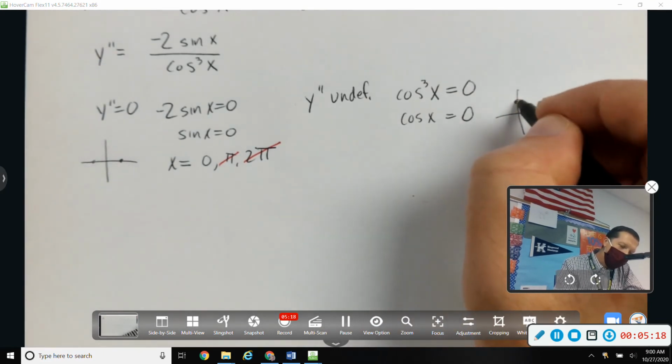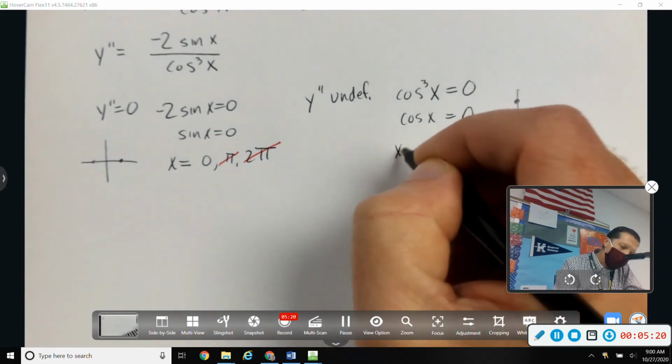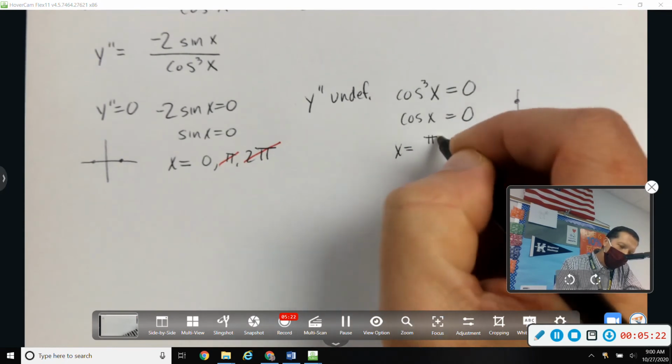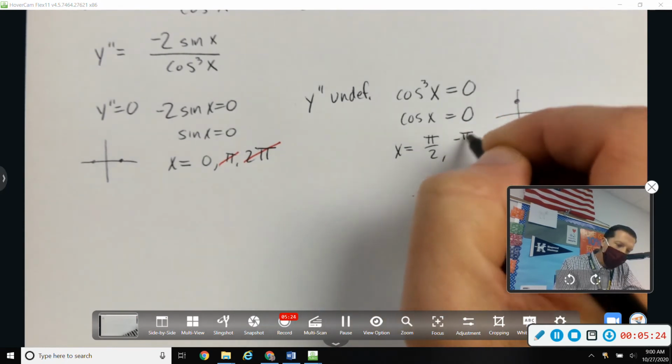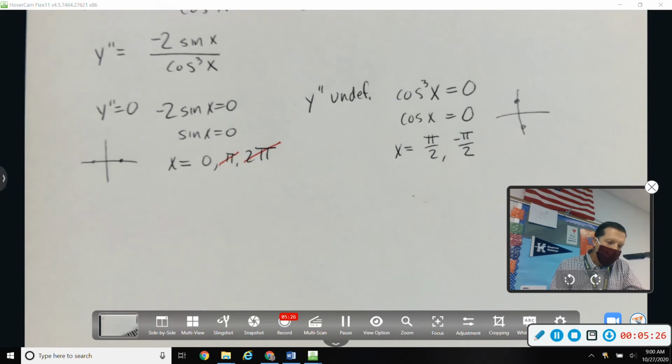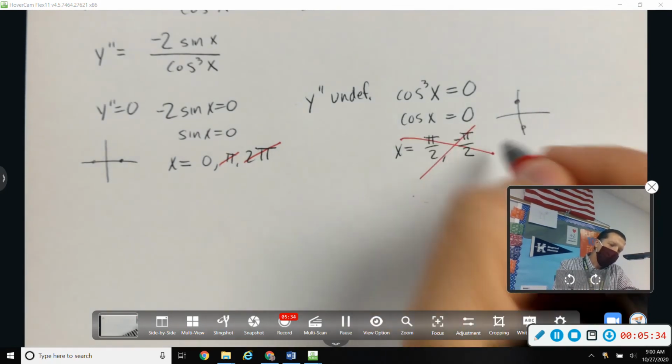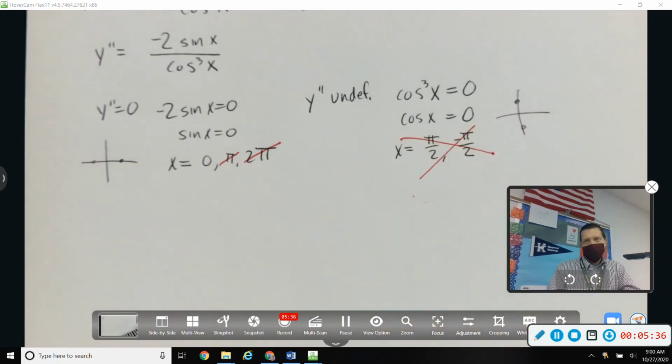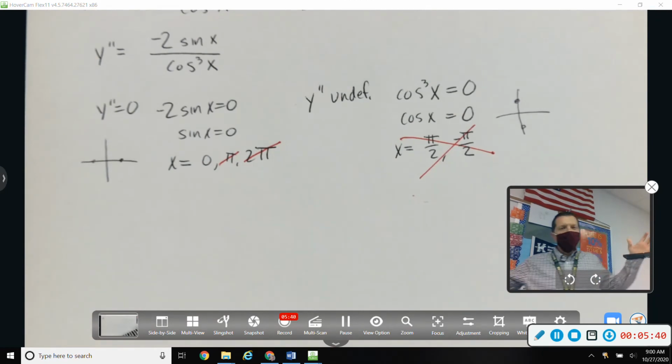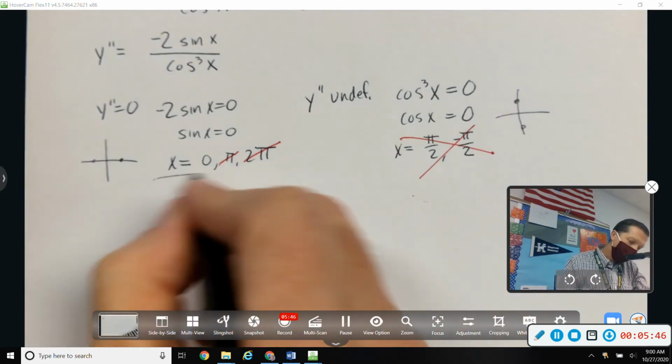Cosine is 0 when x is pi over 2 or negative pi over 2. But those are the endpoints of the interval anyway. And in fact, this had parentheses there, so we weren't even allowed to include those. So those are out. So we started with this big field of possible, not critical points, but important points for the second derivative, and really there's only one.